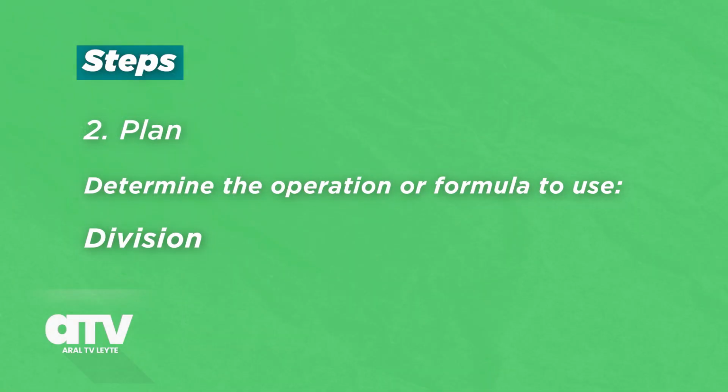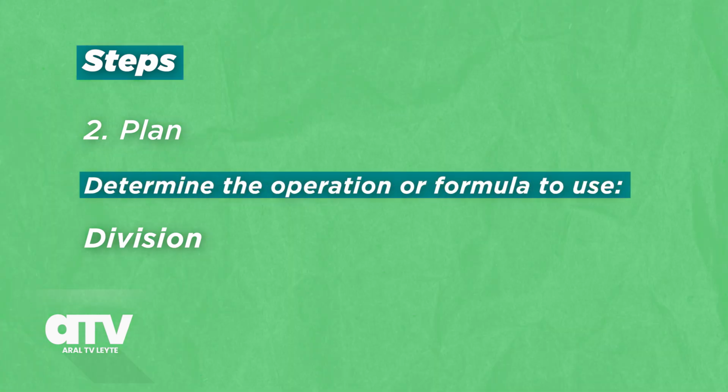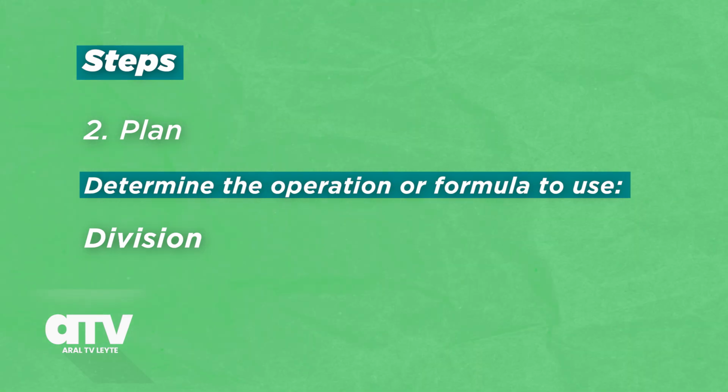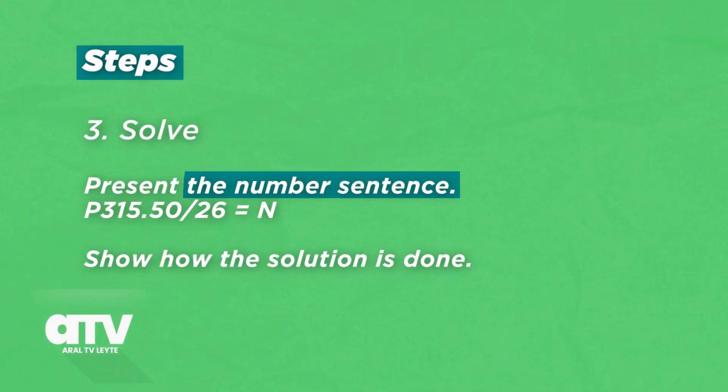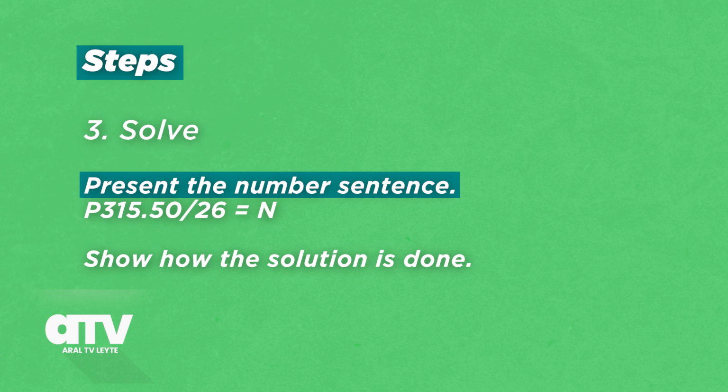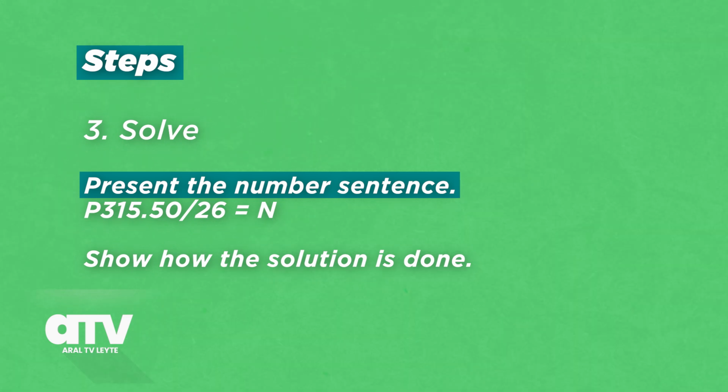Number 2, plan. Determine the operation or formula to use. We have division. Number 3, solve. Present the number sentence: 315 pesos and 50 centavos divided by 26 is equal to n.